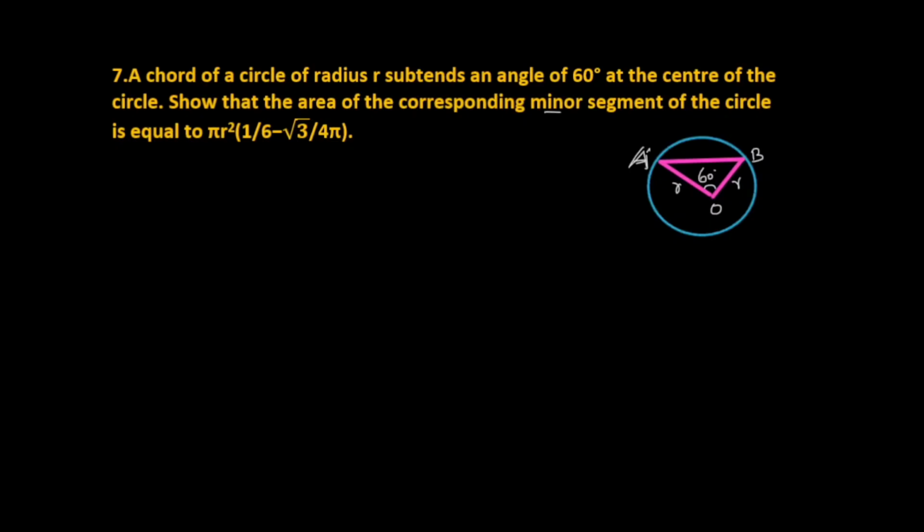They are asking us to find the minor segment of the circle. Show that the area of the corresponding minor segment of the circle. So this is the minor segment.